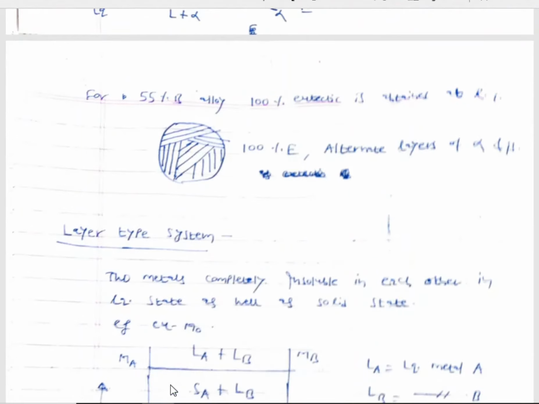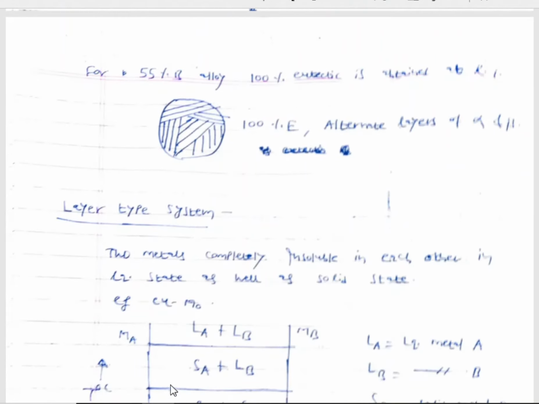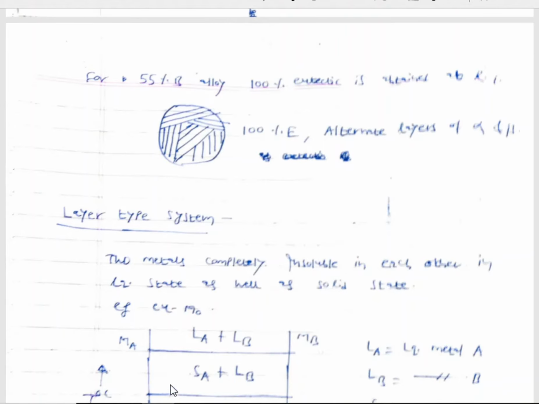For 55% B alloy, 100% eutectic is obtained, and the microstructure will be like this: 100% eutectic. It is the alternate layers of alpha and beta. Suppose the empty space is alpha and the line portion is beta. In this way, the eutectic mixture of alpha and beta is called 100% eutectic.